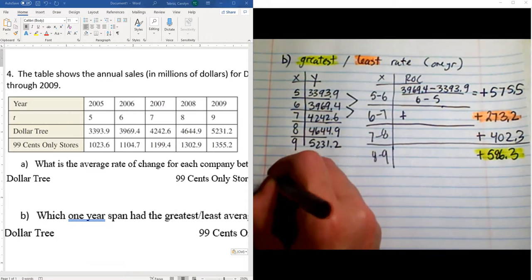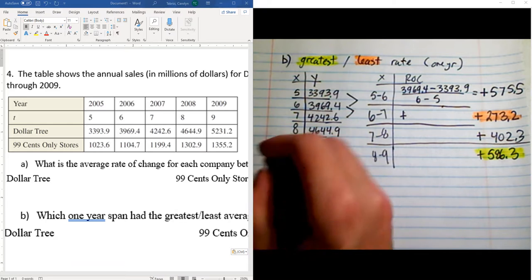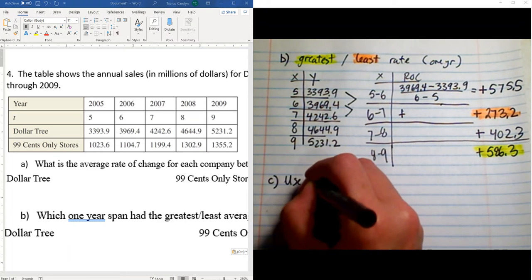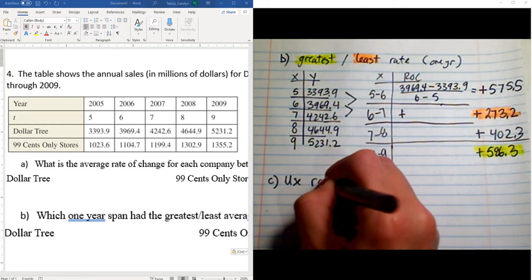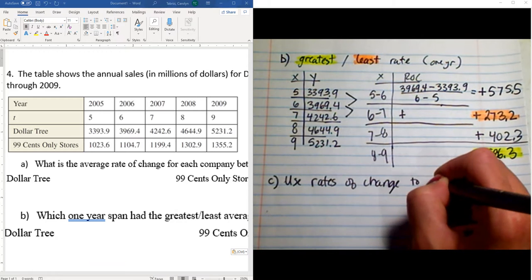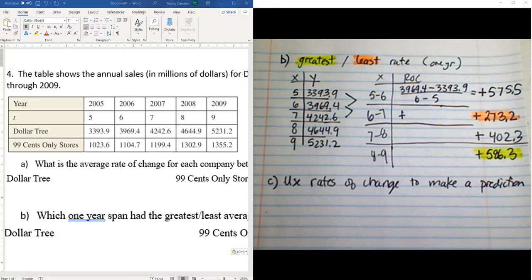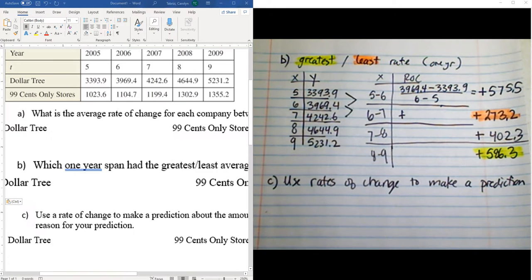Now, what we're going to do is use the rates of change. We're going to use them to make a prediction. So let's go ahead and see what that question says.